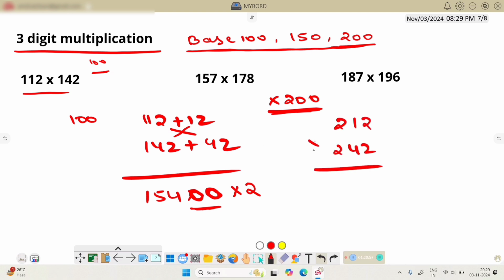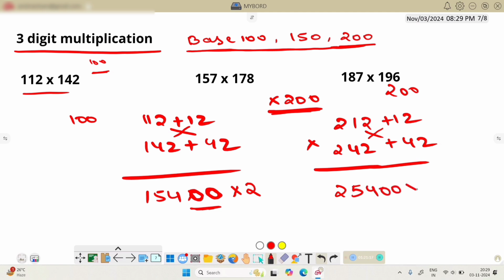Here the base you should take is 200, 200 plus 12, 200 plus 42. You crossly add this: 242 plus 12 is 254, 25400, and since the base is 200, we simply multiply with 2.